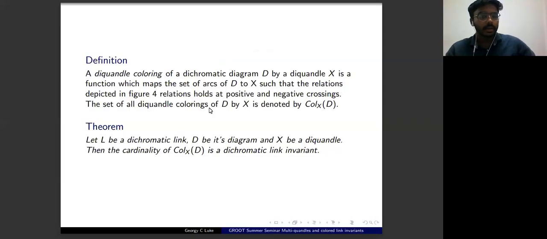So all those functions that satisfy those relations form a diquandle coloring. Similar to the previous case, we consider the set of all diquandle colorings of D by X, and its cardinality forms a dichromatic link invariant.